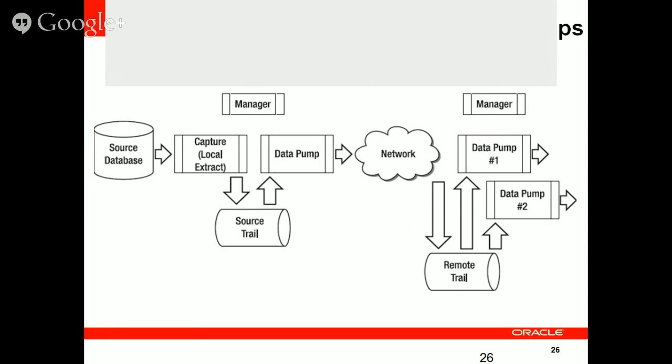The data pump process will capture these changes which are present in the source trail files, and the changes will be transmitted through the network to the remote site. The collector process is going to capture the changes and put all these changes into the remote trail location, and the replicat process will apply all these changes to the destination database or the target database.